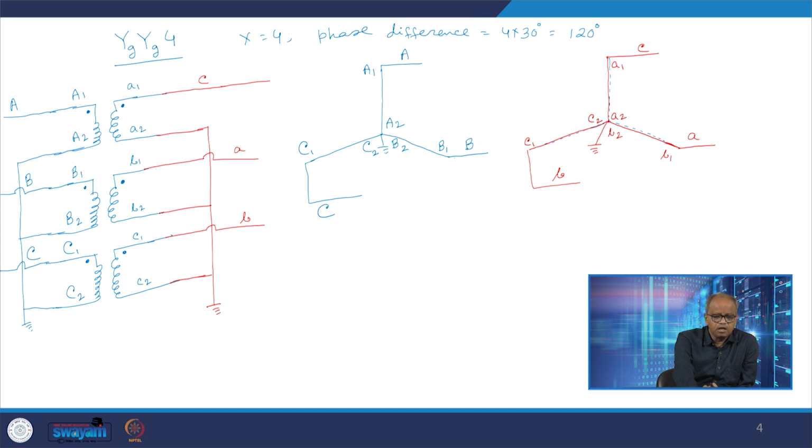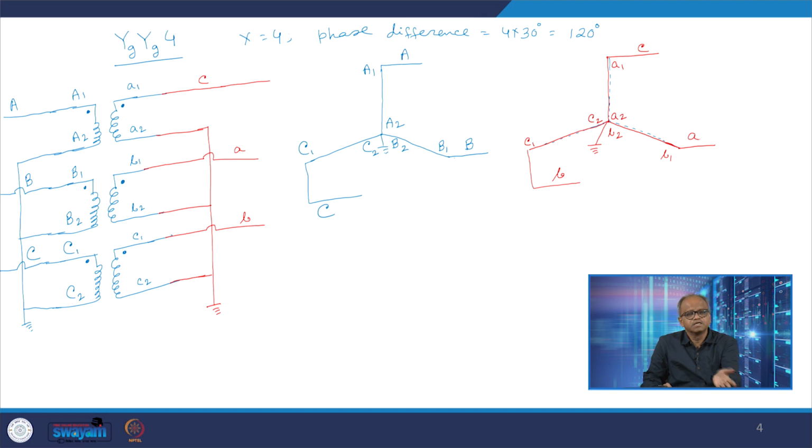Then depending upon the phase difference given, we draw the vector diagram at the secondary side, and then we locate the parallel vectors, and after locating the parallel vectors, accordingly we mark the terminals at the secondary side. And once we mark the terminals at the secondary side, from that terminal marking on the secondary side vector diagram, we make the connections. So it is not that we first make the connections and then do the vector diagram.